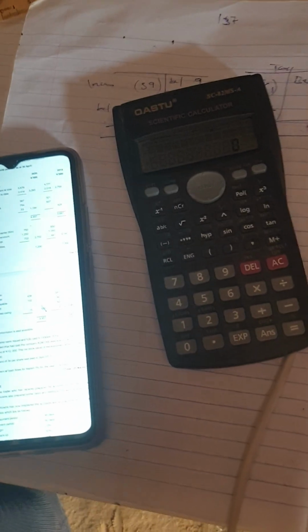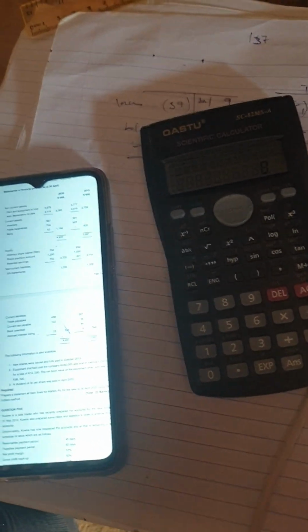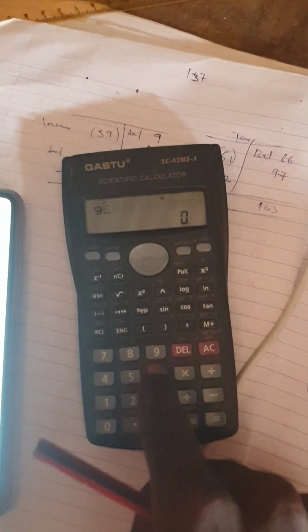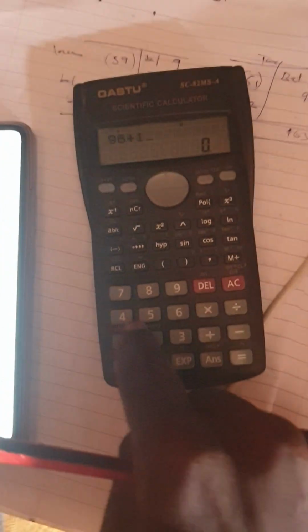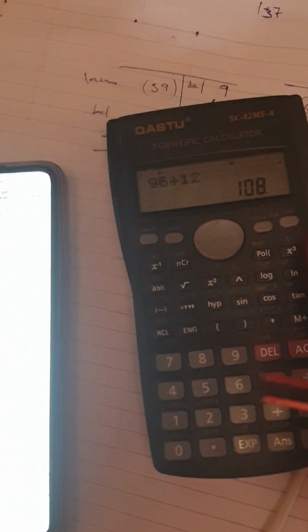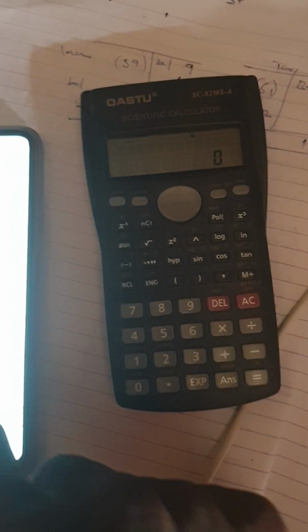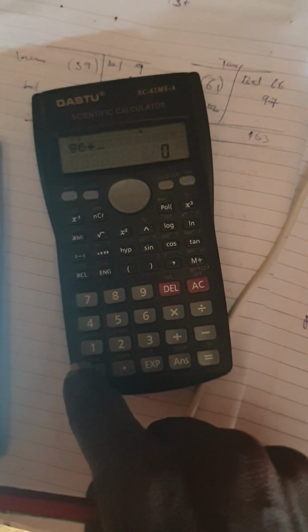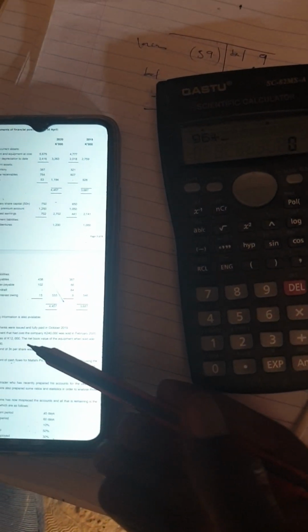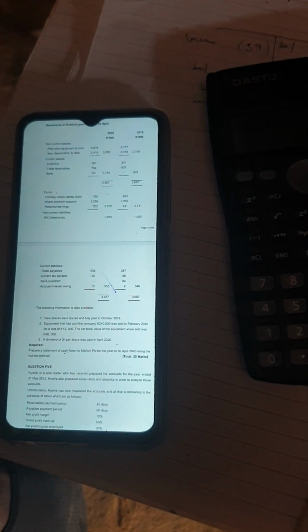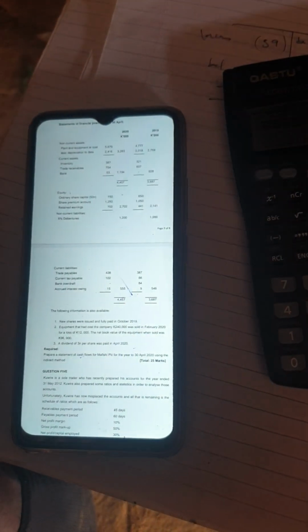So if the net book value was 96,000 and we sold at a loss, which means the value itself was supposed to be 96 according to the net book value, but we sold at a loss, so we're going to subtract the loss from the net book value. So the 96 minus the 12. Equipment that had cost the company 240 in February was sold for a loss of 12.